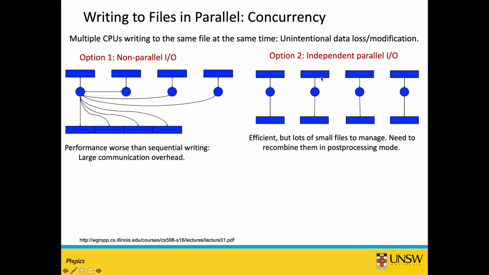The other option is independent parallel input output, where each processor writes to a separate file like this. You can see that each one is writing to a separate file. They are part of the data. But the problem is that then you end up with a lot of files, right? If you are using 10,000 processors, you have 10,000 files to deal with.